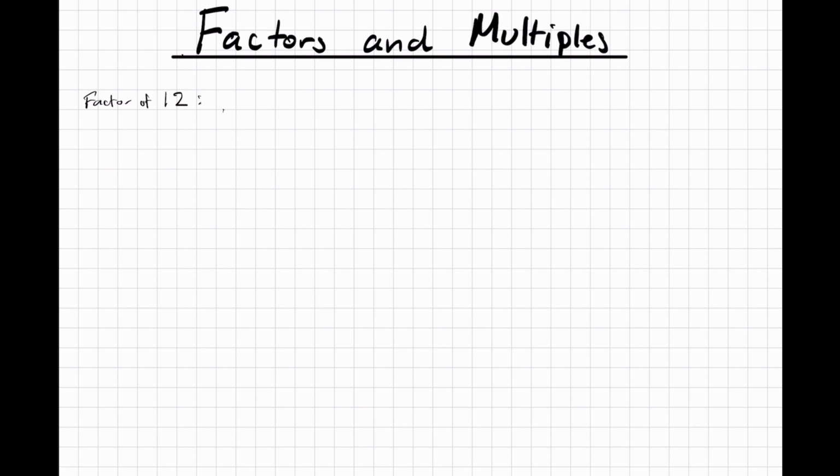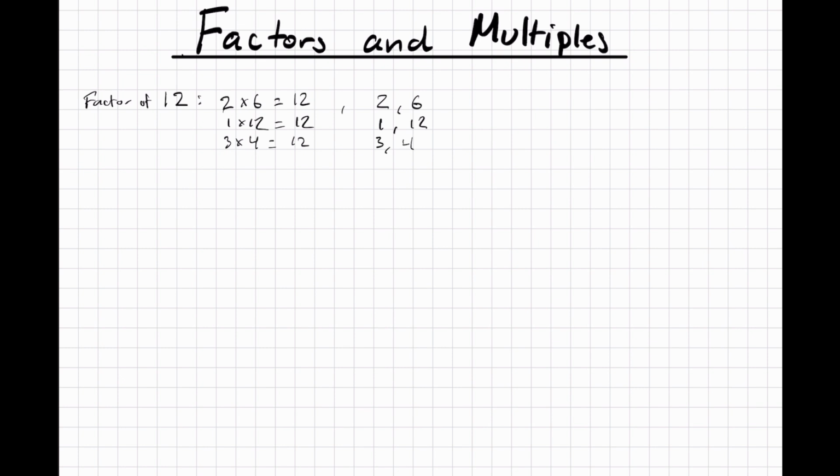For example, 2 times 6 gives us 12, so the numbers 2 and 6 are both factors of 12. 1 times 12 also gives us 12, so the numbers 1 and 12 are also factors. There's one more set of factors for the number 12. 3 times 4 gives us 12, so 3 and 4 are also factors of 12.